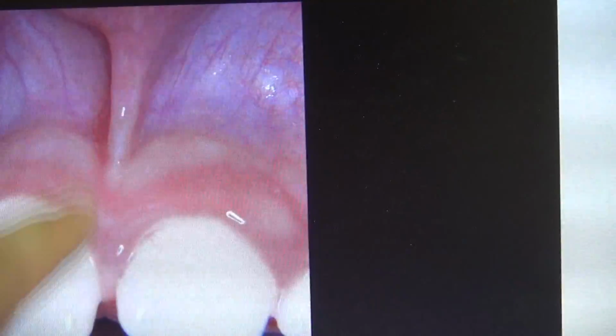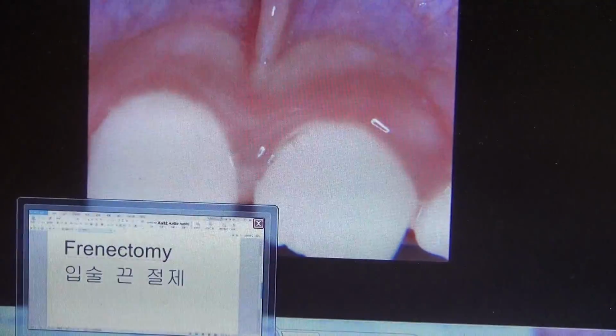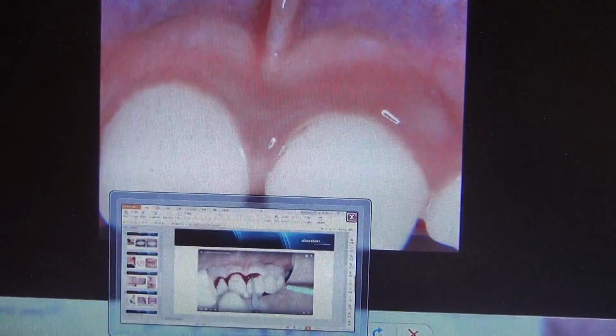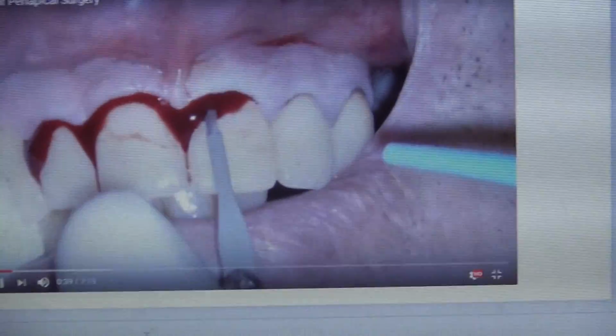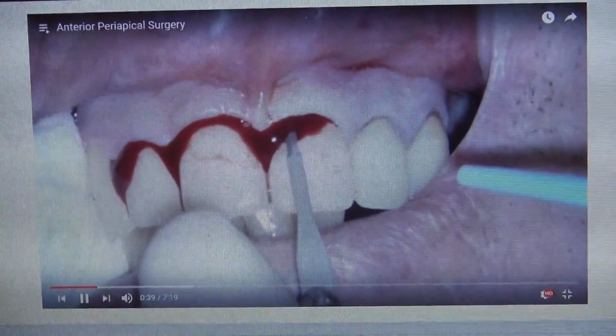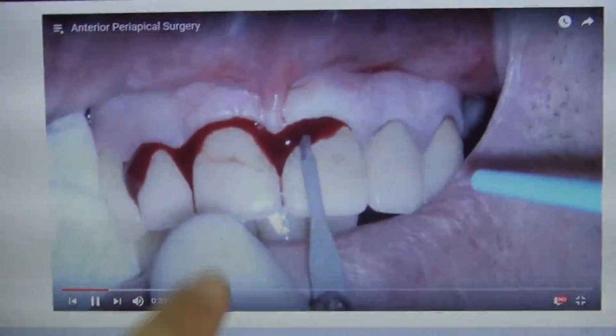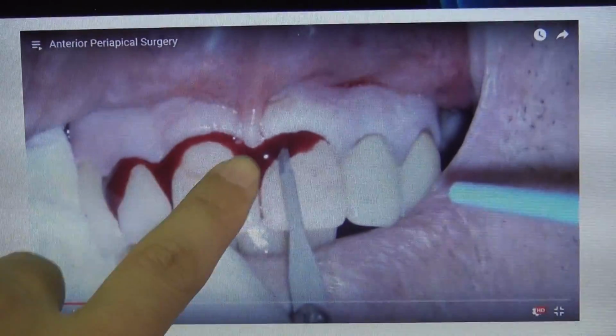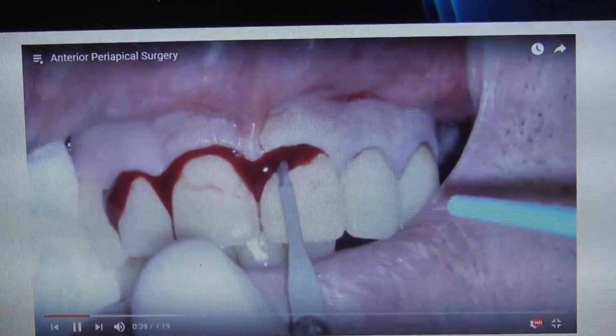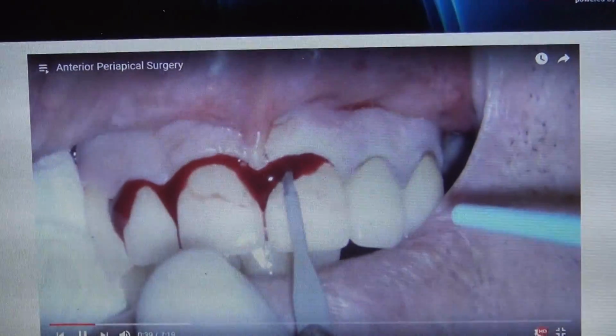But by what? Can we cut by a knife, by a scalpel? Yes, we can. The problem is you will have a lot of bleeding and it is very difficult to do the suture.